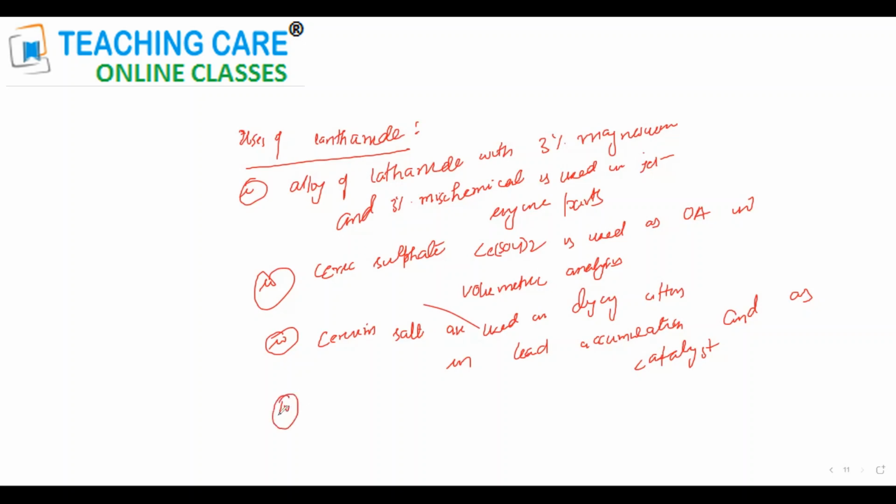Fourth, lanthanum oxide is used in Crookes lens, which is used for absorbing UV radiation.